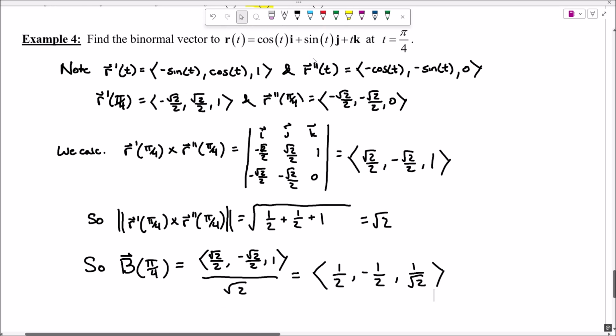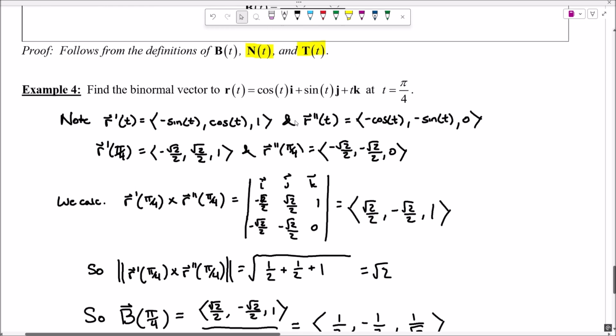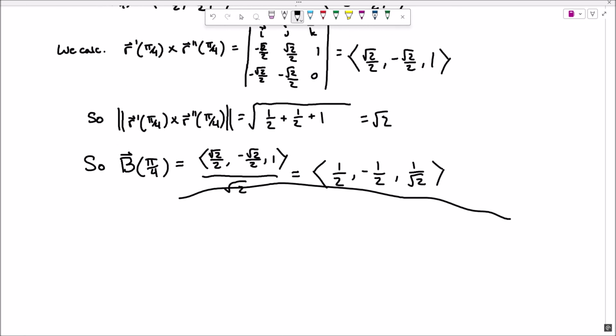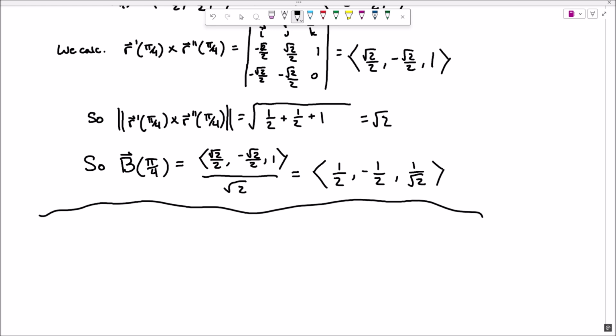Now, I'm going to highlight one final thing before we end this section, and that is that in all the previous examples, we actually did calculate N of t, and we did calculate T of t. So it is actually completely possible for us to have done this problem a slightly different way. We could have simply gone back and looked at our previous examples.